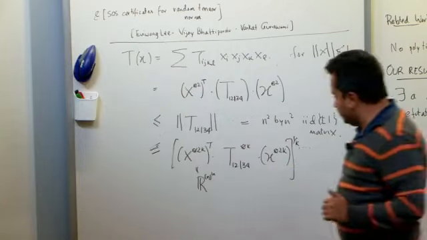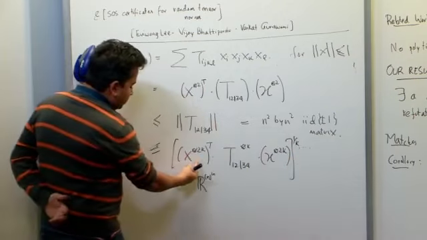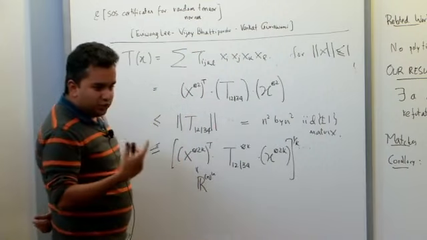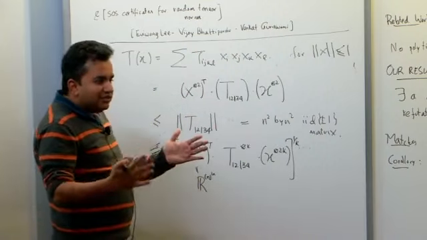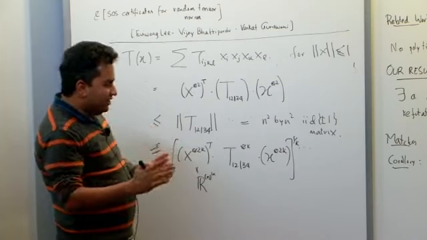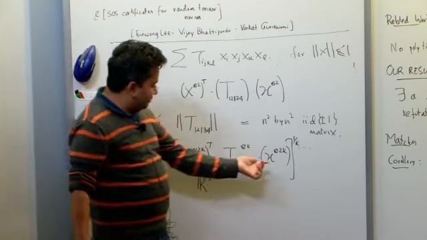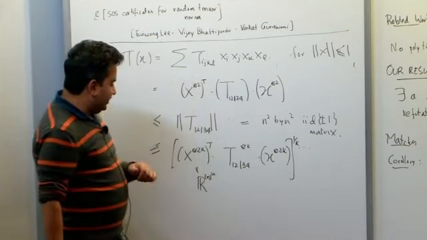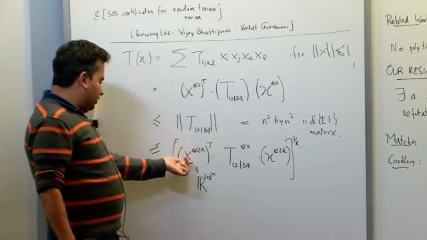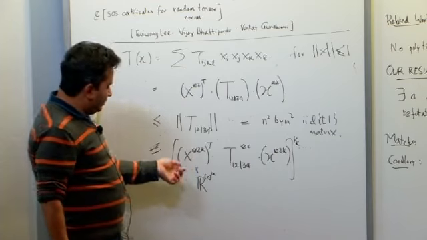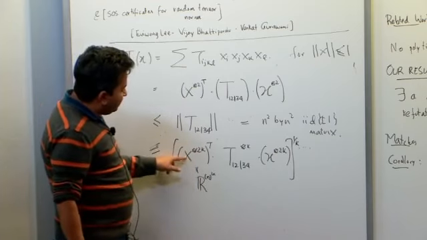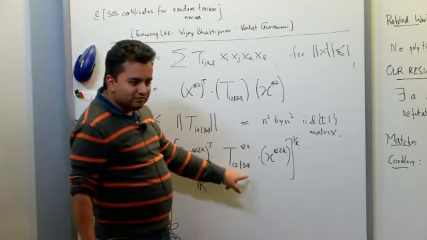In particular, you can think of this vector itself as a 2k tensor. If I permute the coordinates of that 2k tensor, it stays the same. And the same is true here. So since we are looking for vectors with these symmetries, we can apply those symmetries to the matrix.